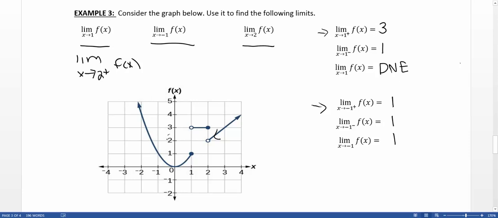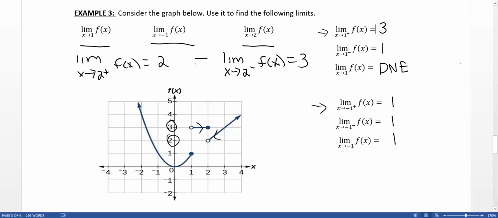So we can see that the y value as we approach 2 from the right is going to be 2. If we look at the limit as x approaches 2 from the left, however, now we're on this horizontal line. So as we approach from the left, the y value that we are approaching is 3.